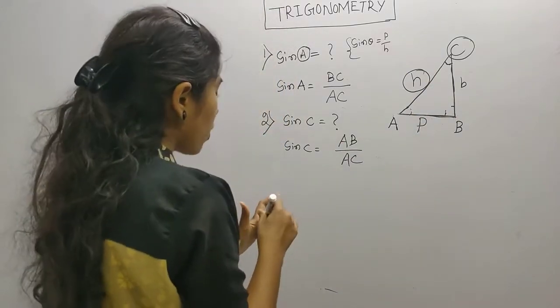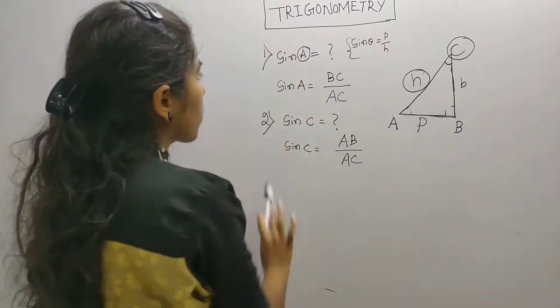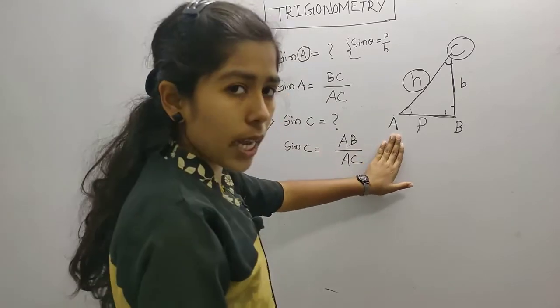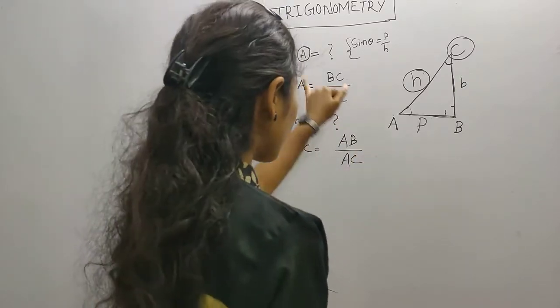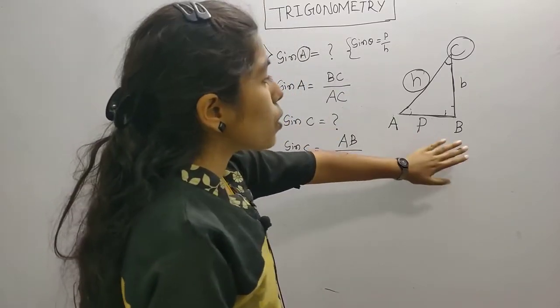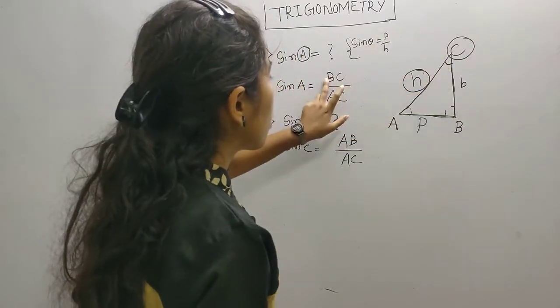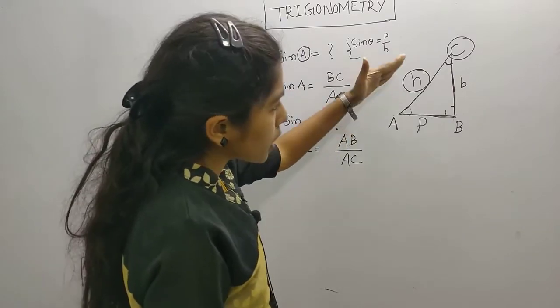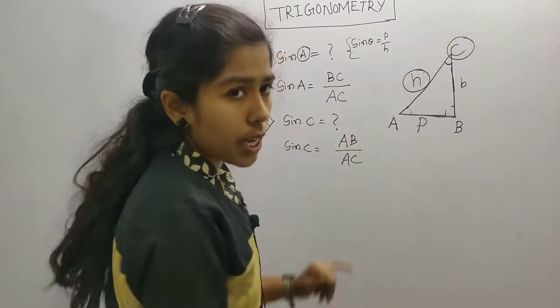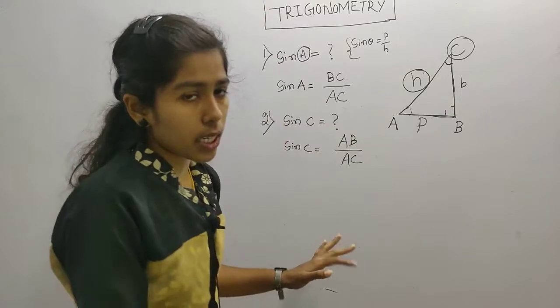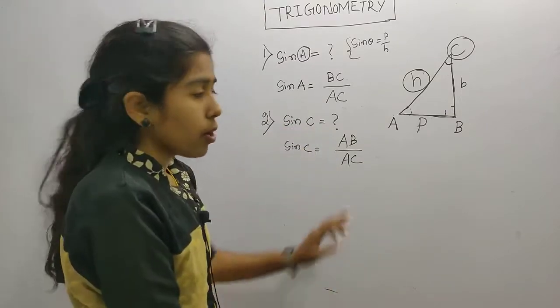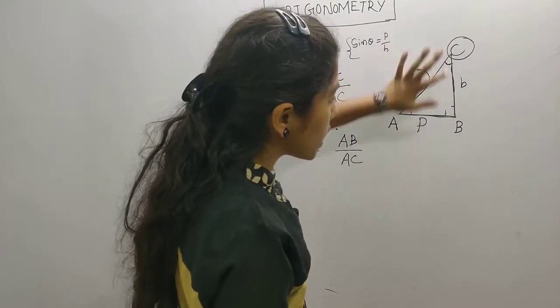Okay. So what is given? Sine A. First of all, sine A we have seen. Which is the opposite side to A? BC. So the perpendicular will be BC. The hypotenuse is as usual AC. Here you can see sine C. Which angle is given? C. So the opposite side of C is which one?